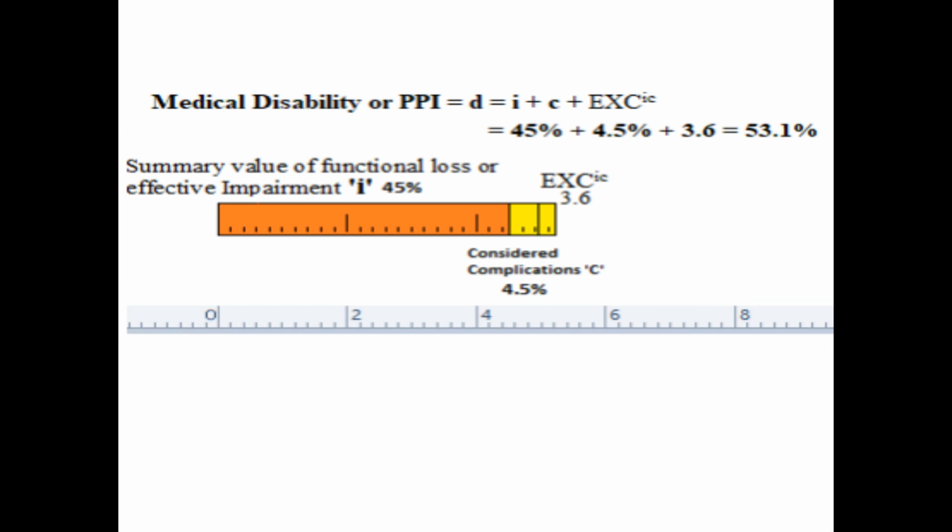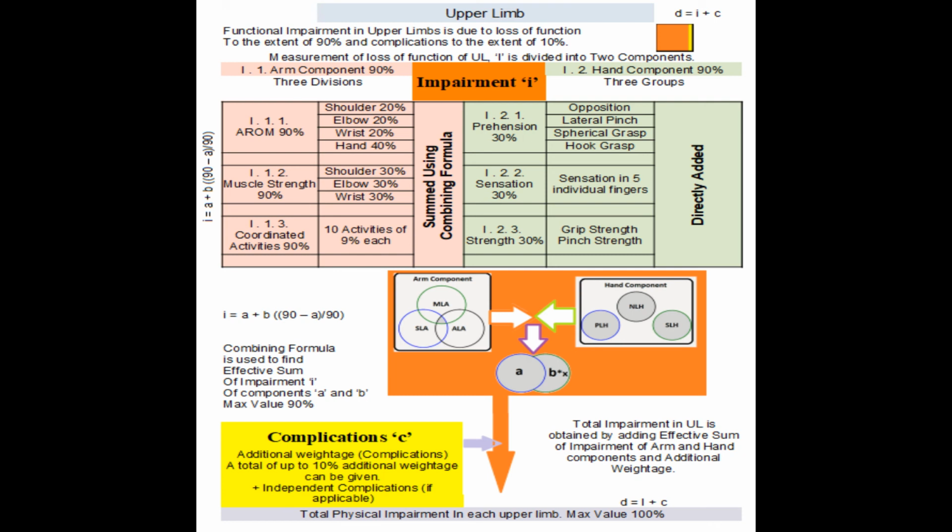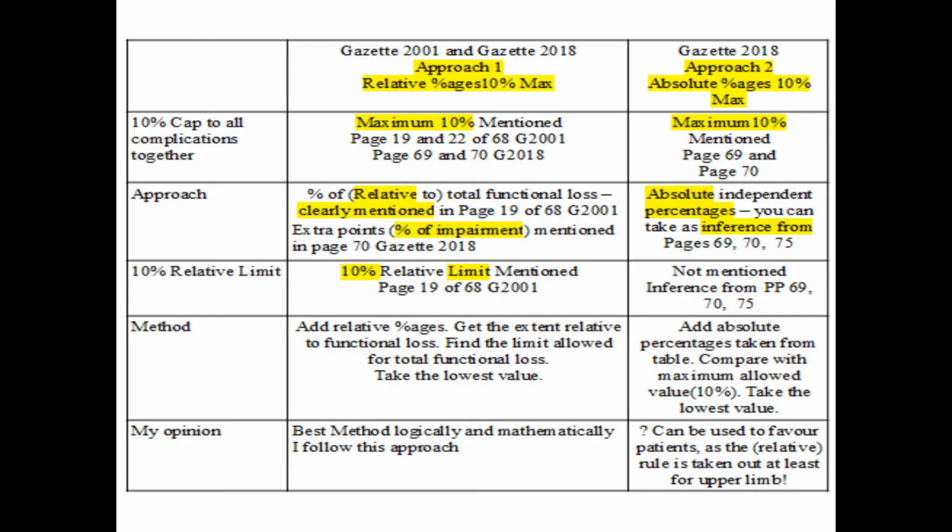In both approaches, there is a 10% limit. In case of relative approach, 10% of the processed impairment is the limit, and in case of absolute approach, absolute 10% is the limit. If considered complications is less than or equal to limit, its full value is considered. If the extent of complications is high, the limit is taken.